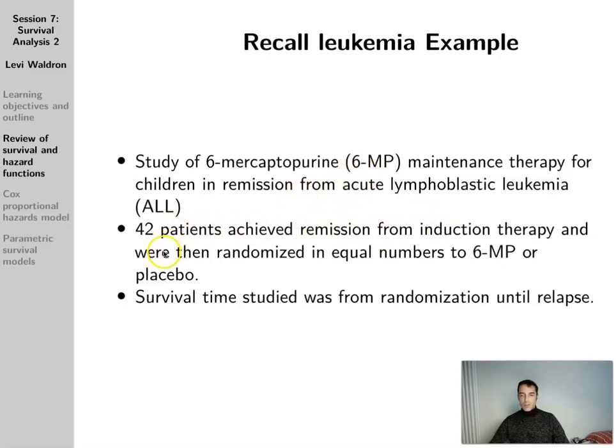So there were 42 patients that had achieved remission from their induction or introductory therapy, and then were randomized in equal numbers to this treatment or a placebo group. And then the survival time in this case was from the randomization, where they were assigned to the treatment or placebo group, until relapse.